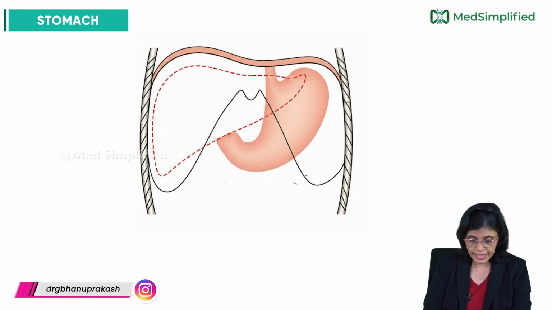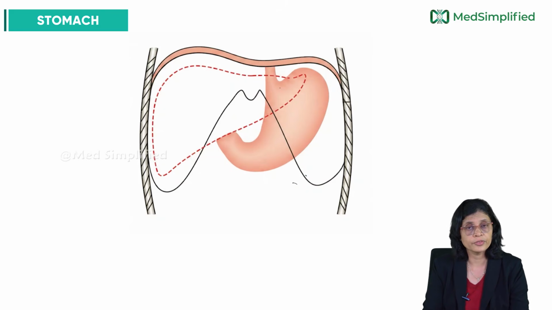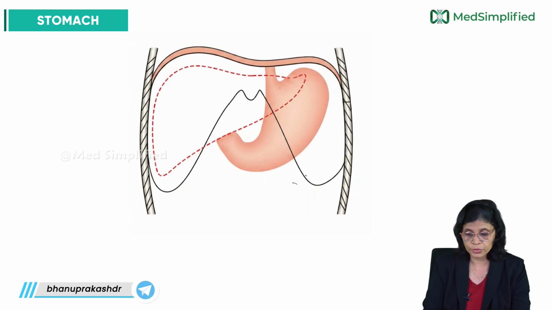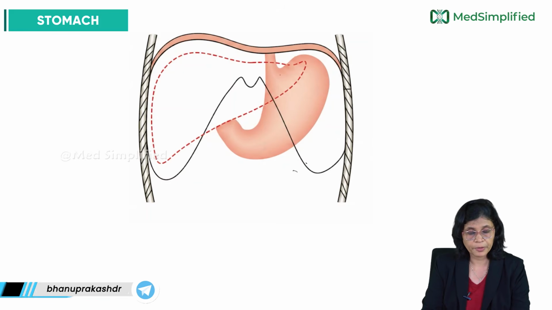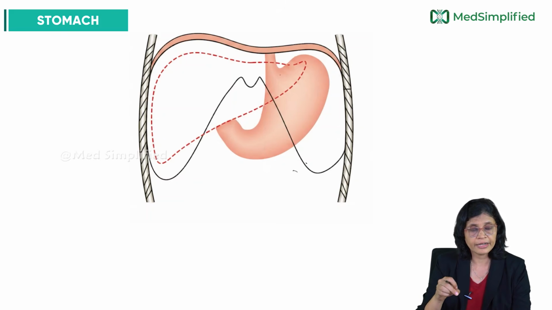This gastric triangle is the area of the stomach which is in direct contact with the anterior abdominal wall. Now why is this gastric triangle important to know? It is the site where we do the gastrostomy, the feeding gastrostomy tube, because the moment we put a nick in the anterior abdominal wall, it directly reaches the stomach.